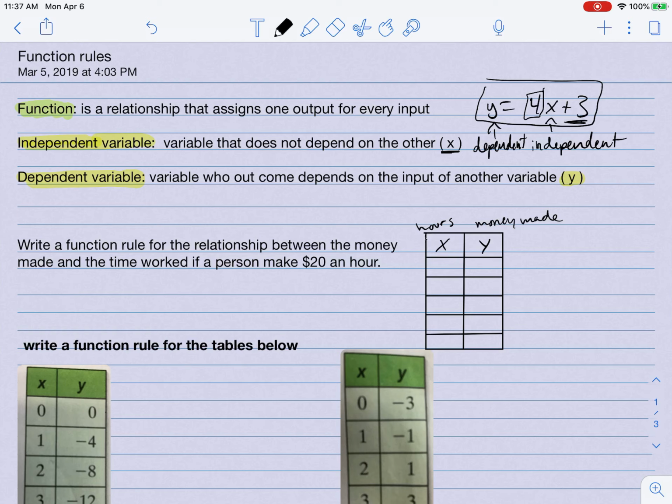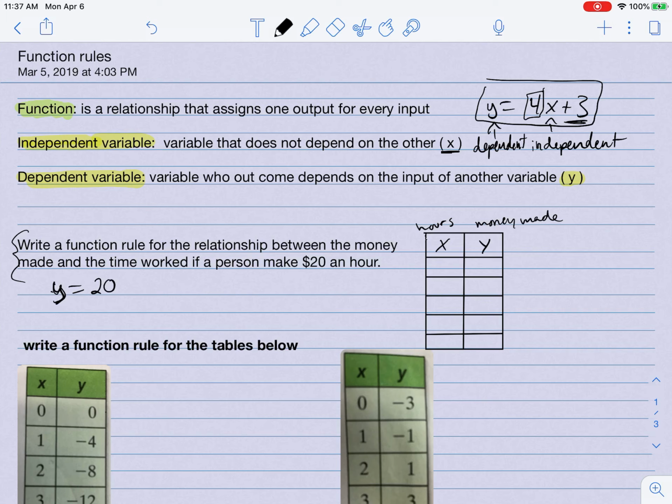Okay, so then write a function. So now we want to be able to write a function to describe the relationship between the money made and the time worked if a person makes $20 an hour. So think of this as our sequence rule in a sense, except it wants us to write a function. So y equals, so we want to show that it's $20 each hour they work.